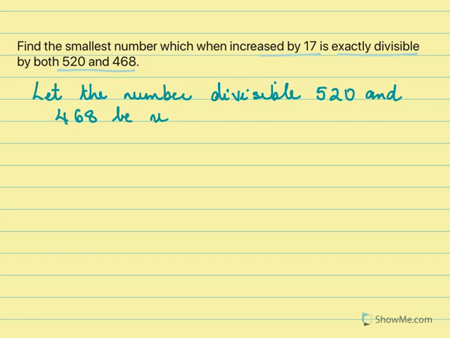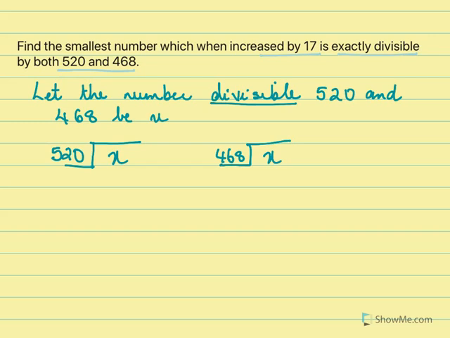Now here the question is, do we find HCF or LCM? So they said that this number is divisible by 520. So 520 will come on the divisor side, and the number x is divisible. So this is 468.